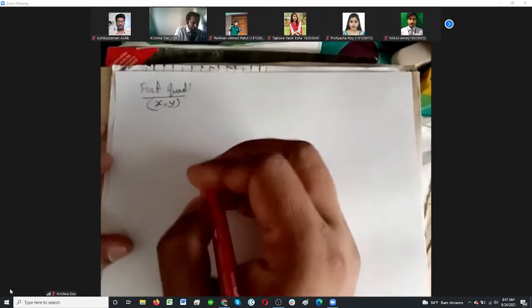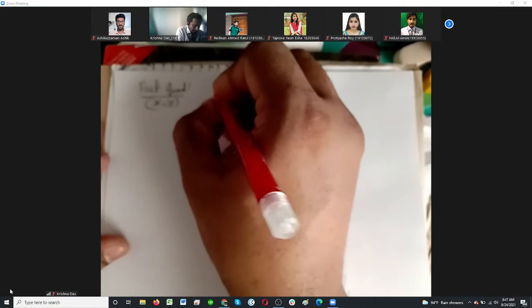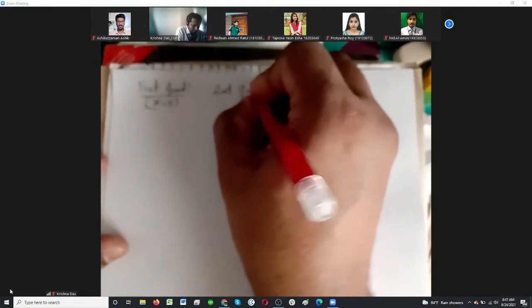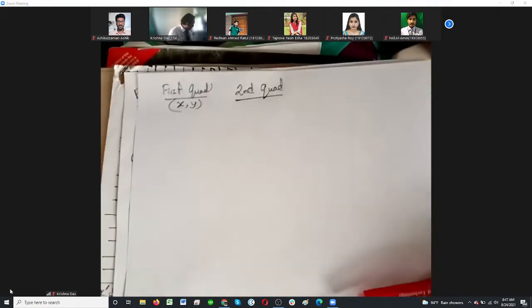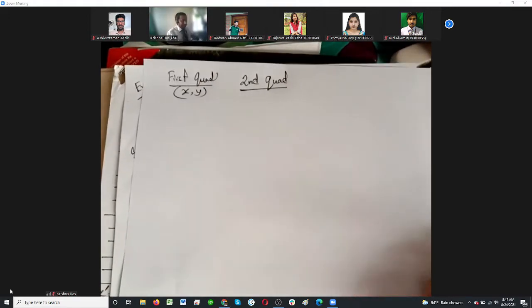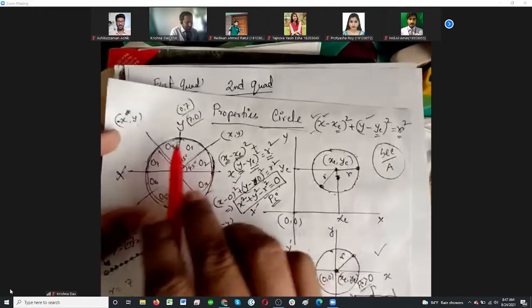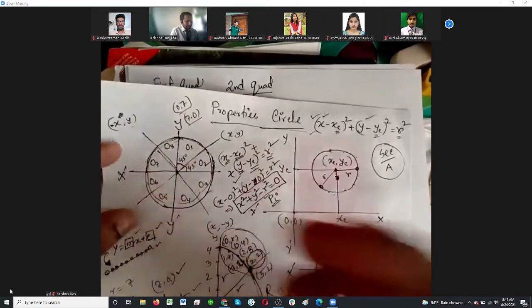And then for the second quadrant, if we consider the second quadrant is this one, it is minus x and y.